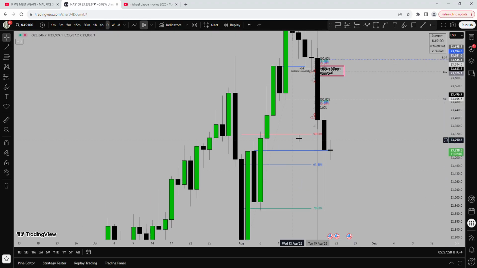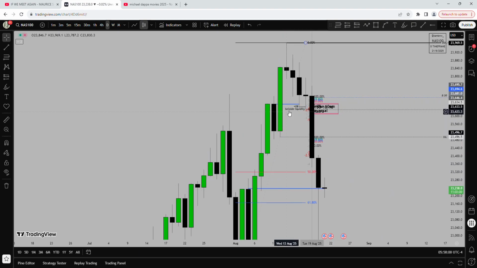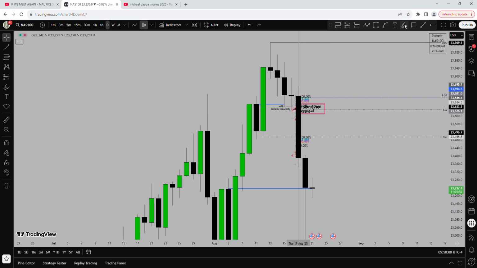And when I was on the chart, price had not actually formed any of these candles. So what I was left with to work on was this high.